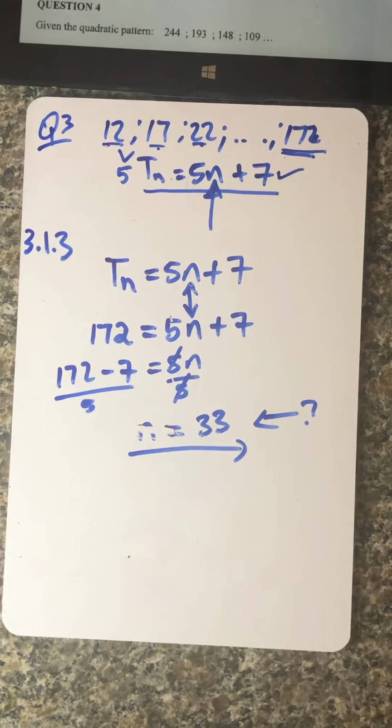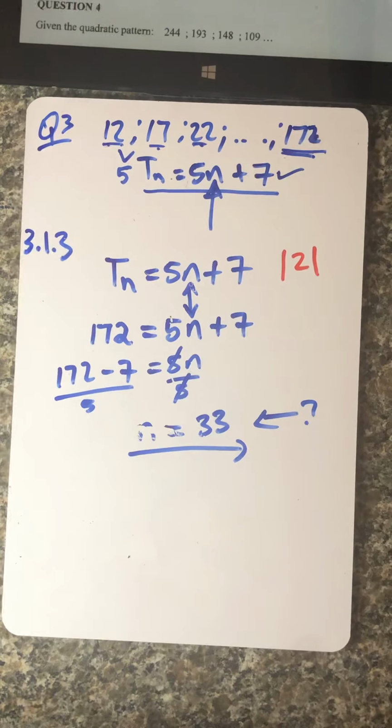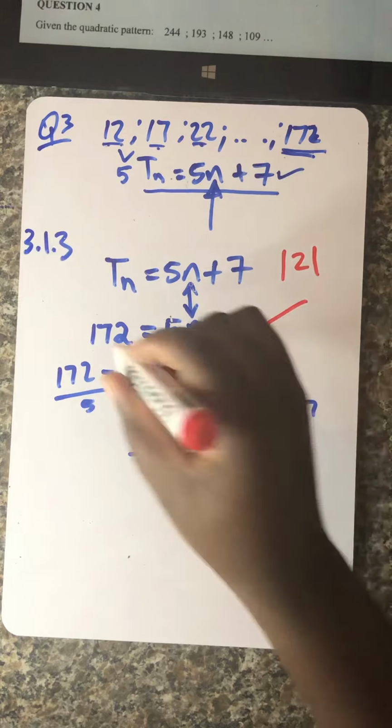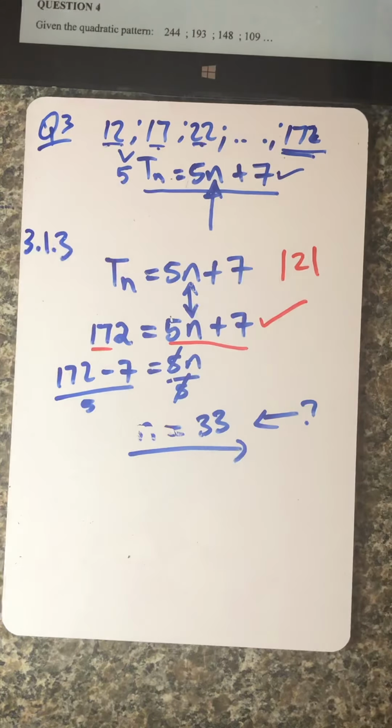Remember, this question is allocated 2 marks. Now where do you score your marks? Obviously, for that equation where you equated the whole of this to 172, this is where you score your first mark.